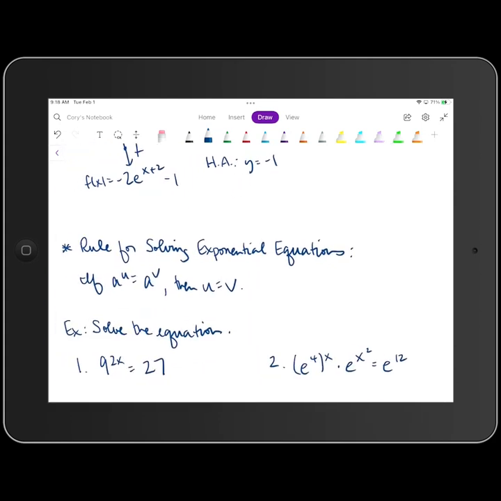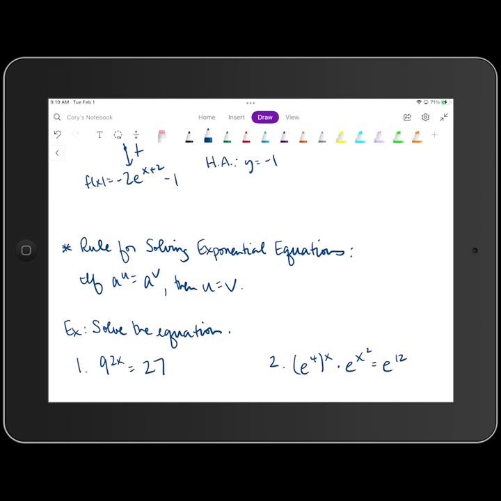Let's move on to solving some basic exponential equations. There's a rule that we're going to use in this section for solving exponential equations, which states: if a raised to the u power is equal to a raised to the v power, then u is equal to v.